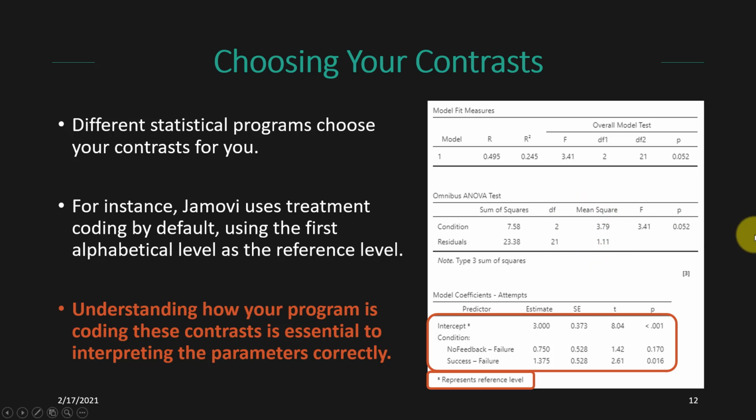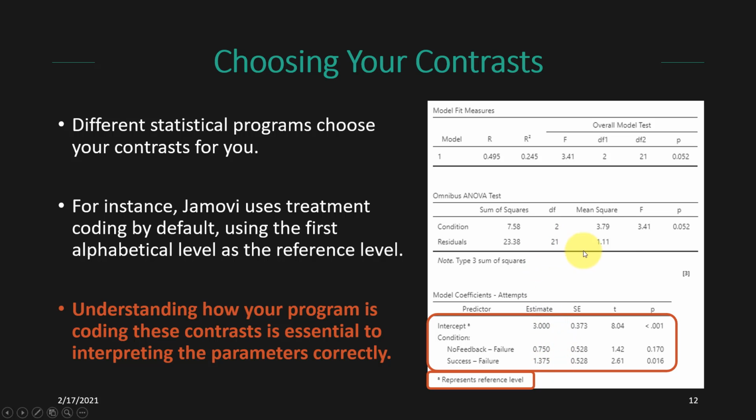And finally, where our choice of contrast codes actually makes a difference is down here in the interpretation of these intercepts. We'll get into more detail about contrast codes versus treatment codes in these situations, but the main thing to be aware of is that different statistical programs choose your contrasts for you, and you need to be aware of what contrast it is making in order to interpret your slopes and intercepts correctly.